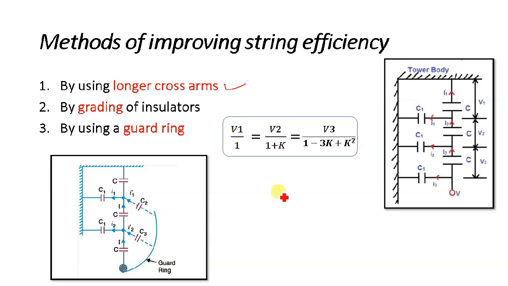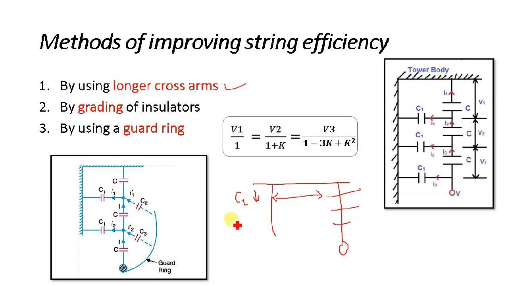So let's say this is the tower, and these are insulators 1, 2 and 3. Here is your conductor. If we are using a longer cross arm, in that case the value of shunt capacitance is very small. So your C1 will be very small in case of a longer cross arm.